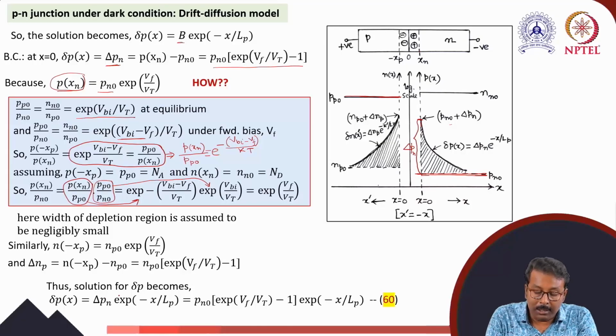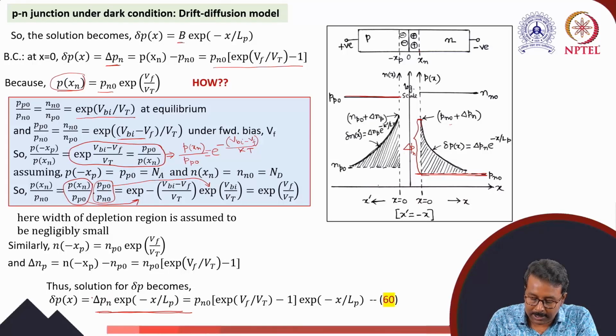So the solution of this equation ultimately you can get by putting the value of B: delta Pn exponential minus x by Lp, where delta Pn value is nothing but Pxn minus Pn0, which is Pn0 exponential Vf by Vt. I told you that the exponential decay, you see this coming from the solution. This is exponential decay.